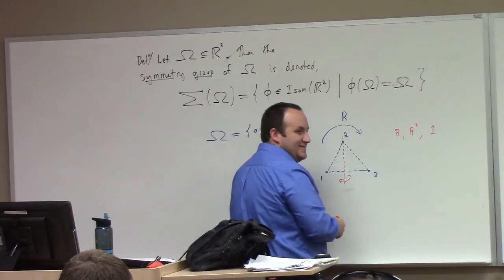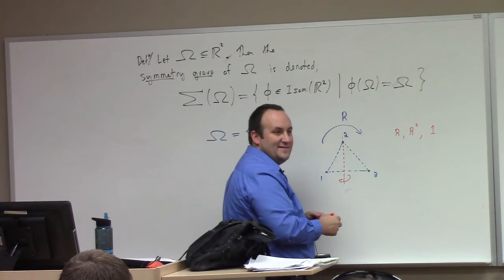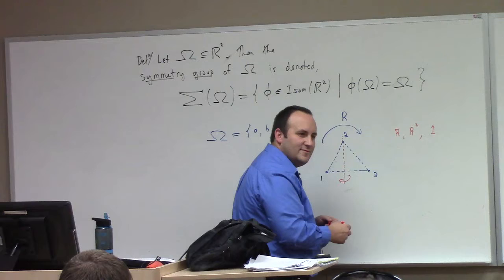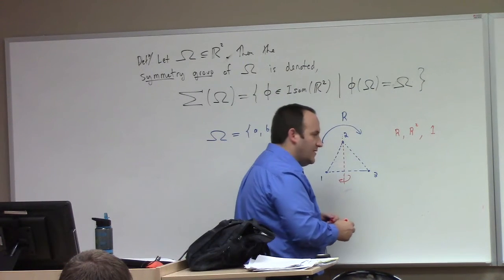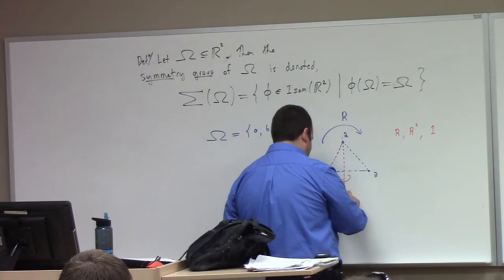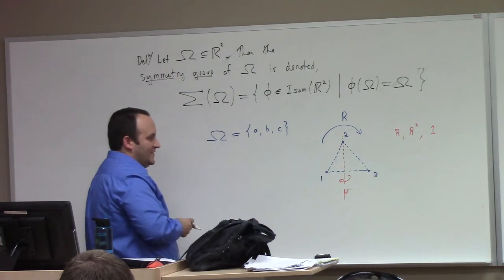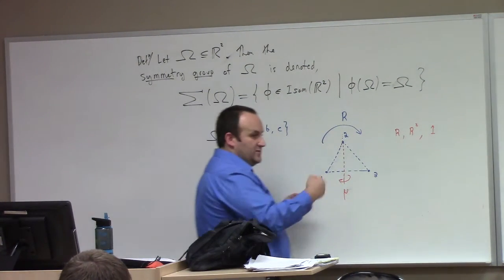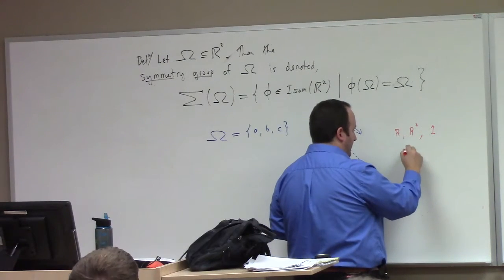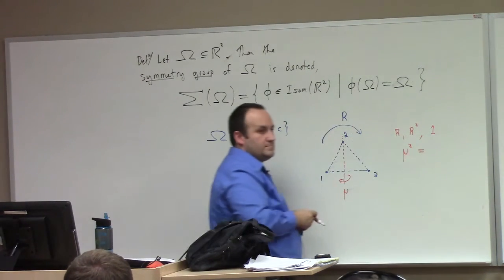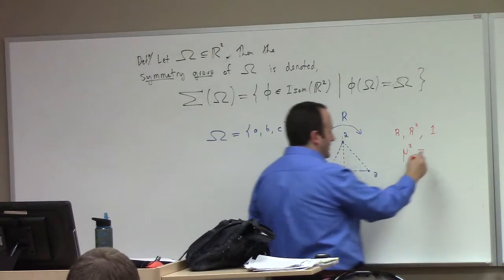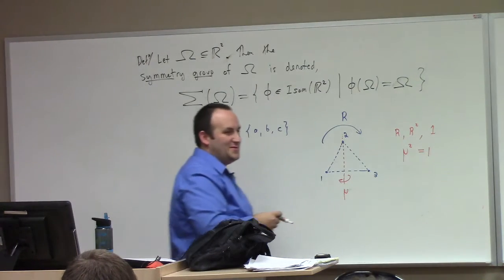We can't use R. Mu. Oh, mu. Okay, sure. Interesting choice. So what happens if you do mu 2 times? Identity. It's mu squared.